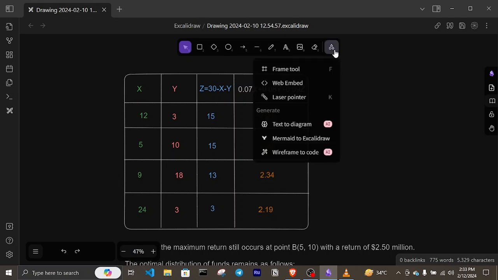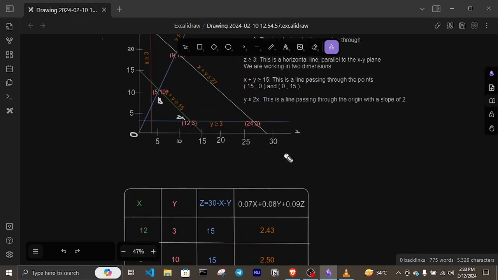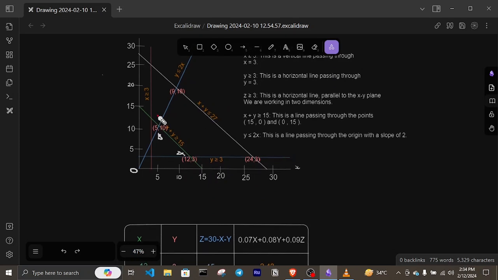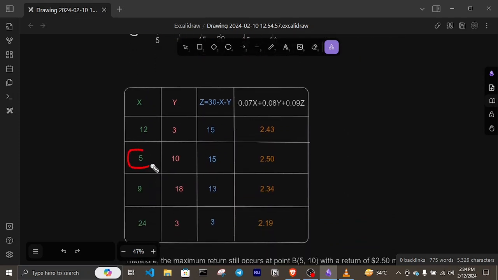So if you look at the corresponding values of our corner points, we can see that the one that gives us the maximum output is 5, 10, and 15. And that the value given is 2.50, which is 2.5 million US dollars. Alright, so that we can conclude now that the maximum return occurs at the point B, which is 5, 10, and 15, with a return of 2.5 million US dollars.